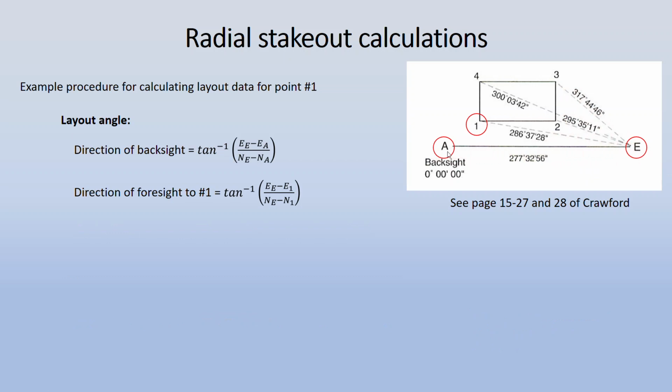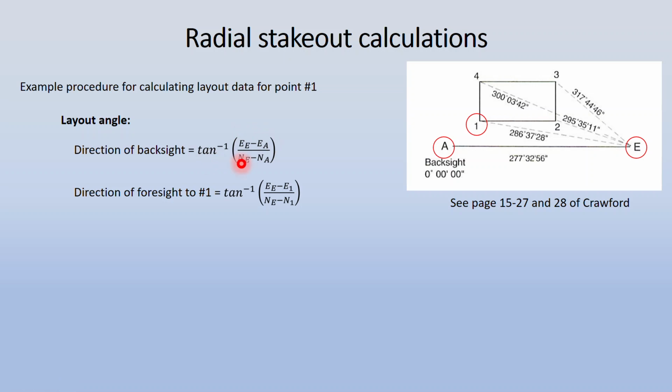So the direction of your backsite is the inverse tangent of the difference in your easting coordinate values. So the easting of point E, which is your instrument, and the easting of point A, which is your backsite, divided by the difference of the northing coordinates of your control points.